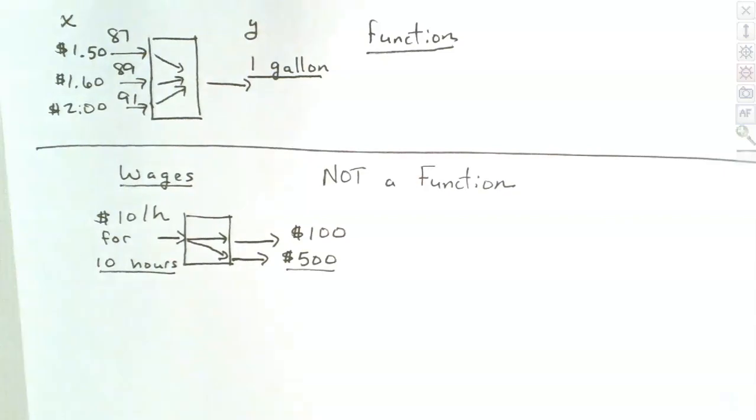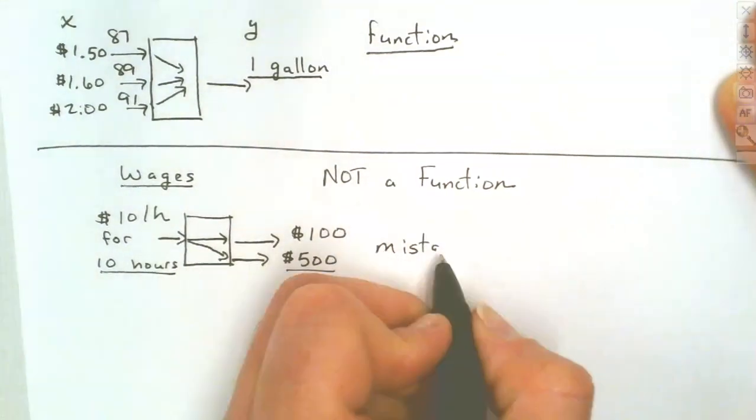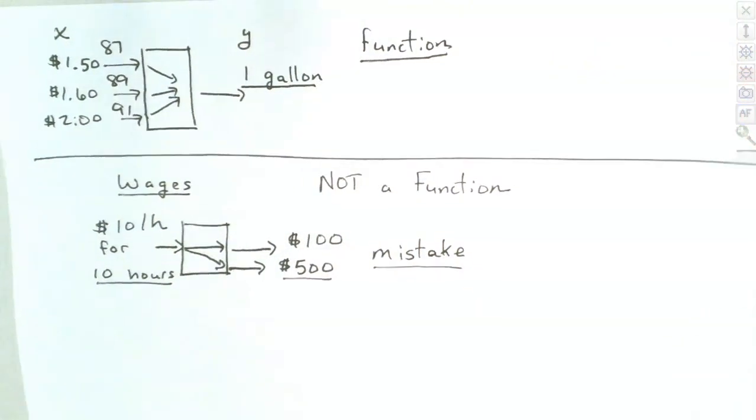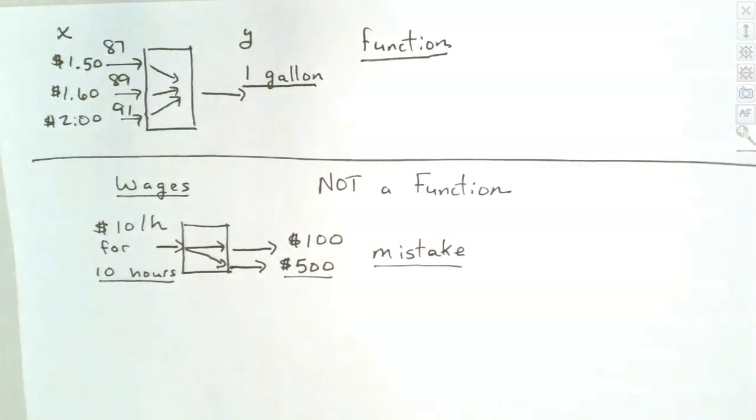Could this happen? No, because that might be a mistake in HR, right? When they wrote up the paycheck, they made a mistake. You should have only gotten 100, but they miscalculated and they gave you 500. See, this is a mistake. And that's why it's not a function, because each X value must go to one Y value, not two different values.